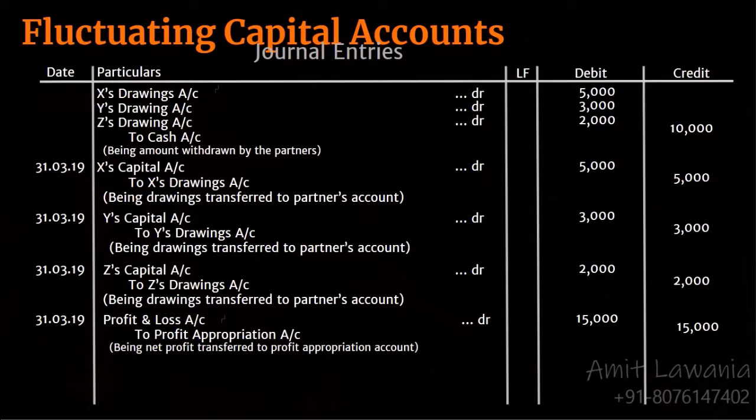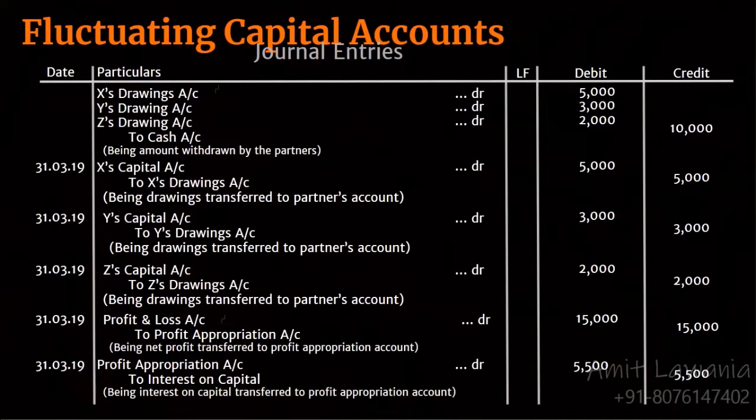Again, we write the date first and start passing journal entries for appropriations to be made for the partners, starting with the interest on capital. So the entry is profit appropriation account, debit to interest on capital account. This is the total interest payable to all three partners combined, amounting to rupees 5,500, and the narration in the end.